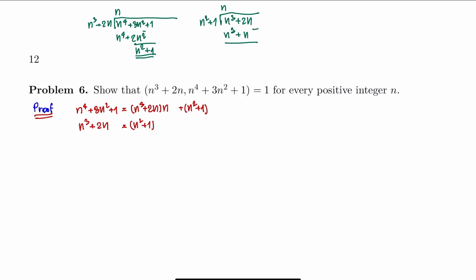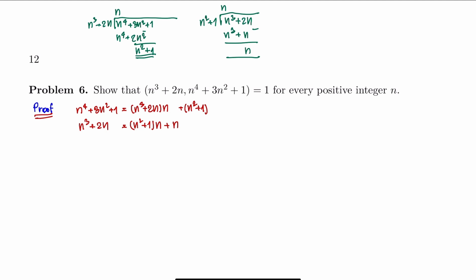Subtract them, and we have just n. This is a monomial which has degree 1, and our divisor has degree 2, and the quotient is n. So this is n plus n right here. This n is now the remainder.